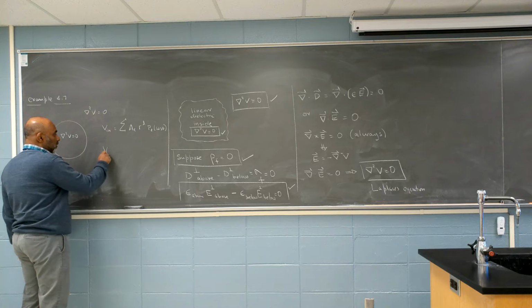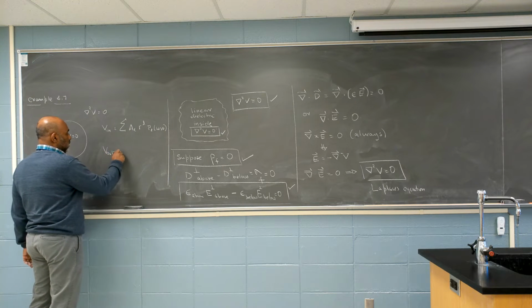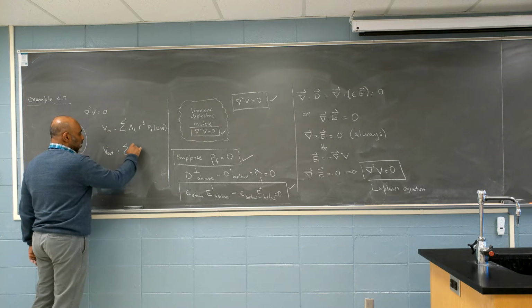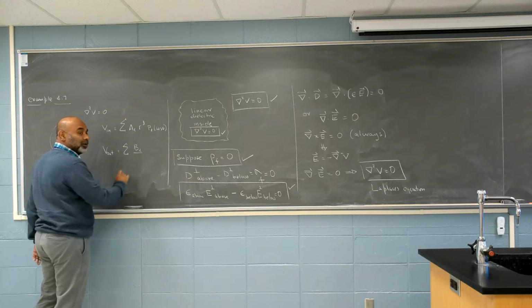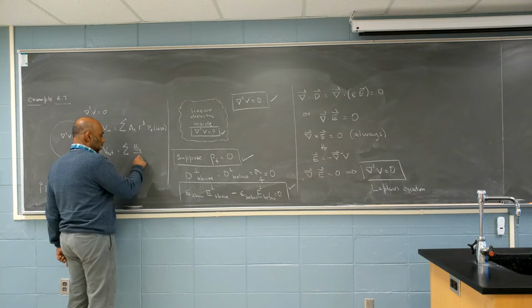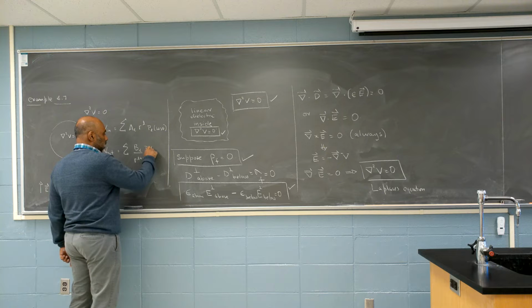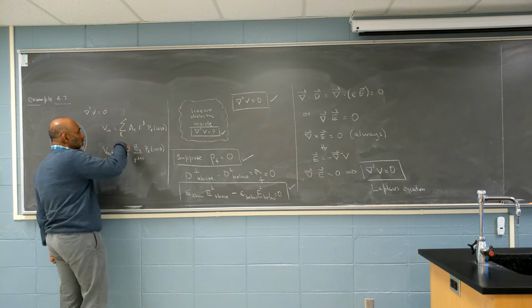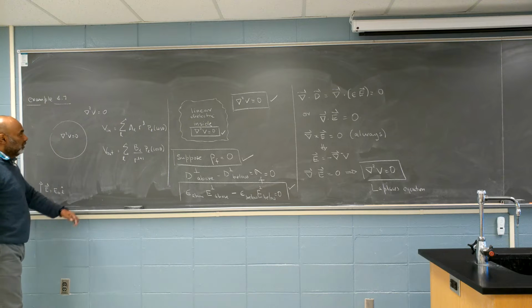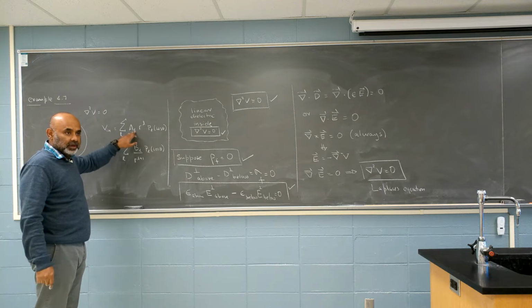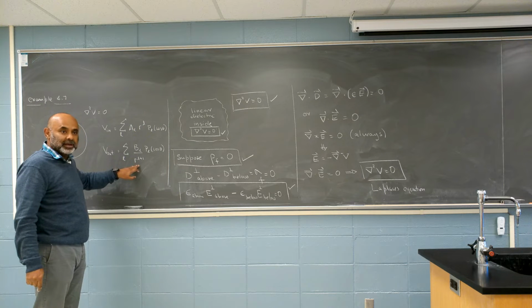And then V outside, remember it has that B_L over r to the L plus 1. The summation is over L equals 0 to infinity. If I pick this inside, as r goes to 0, this remains finite. If I pick this outside, as r goes to infinity, this remains finite.